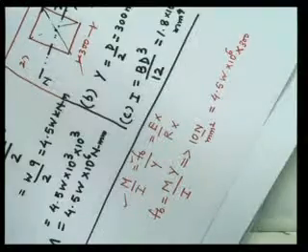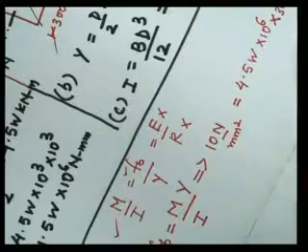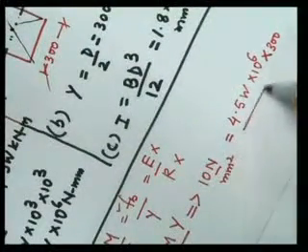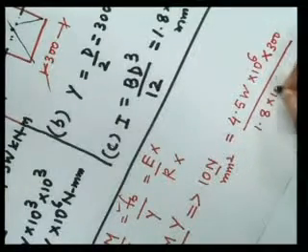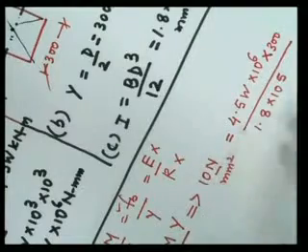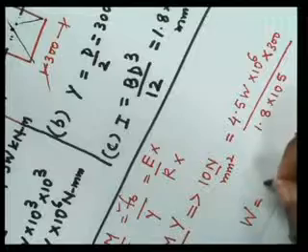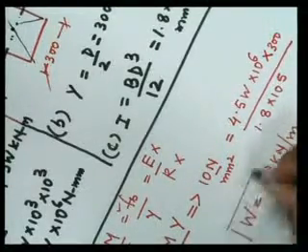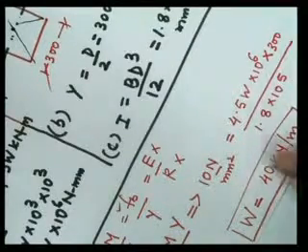Okay, and we have got the value of I as 1.8 into 10 to the power 5. So when you solve this equation, you will get the value of W, and W is nothing but 40 kilonewton per meter. Okay, this is the answer, right? That is 40 kilonewtons per meter.